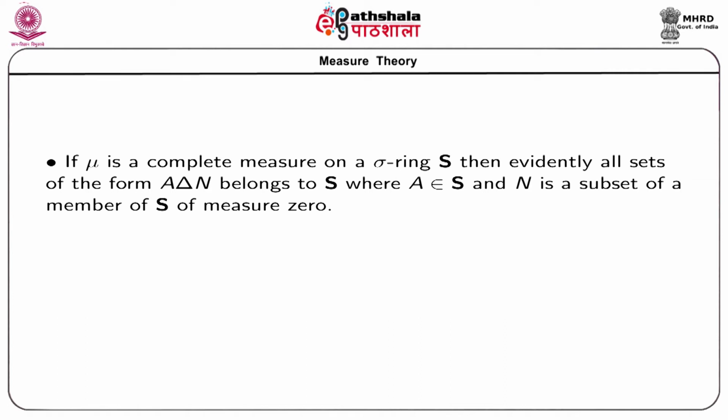If mu is a complete measure on a sigma ring S, then evidently all sets of the form A delta N belong to S, where A belongs to S and N is a subset of a member of S of measure 0.